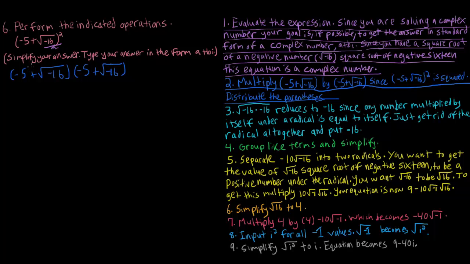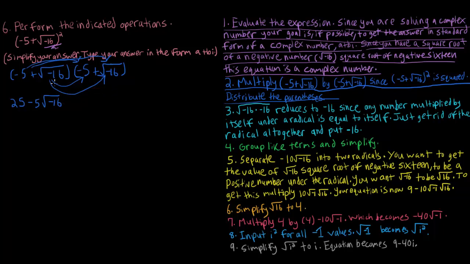And then we just have to distribute these terms. So it would be negative 5 times negative 5, and then negative 5 times square root of negative 16. And then also we have to distribute the bottom terms. Okay, so negative 5 times negative 5 gives us positive 25. And then negative 5 times square root of negative 16 gives us negative 5 square root of negative 16.